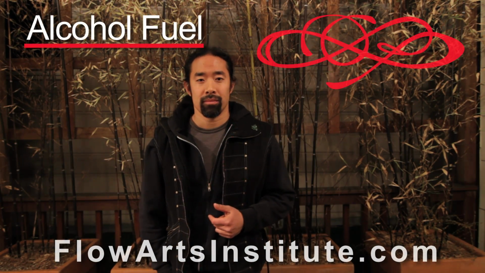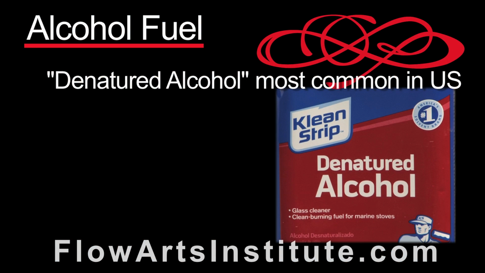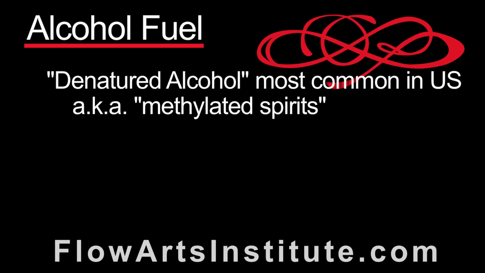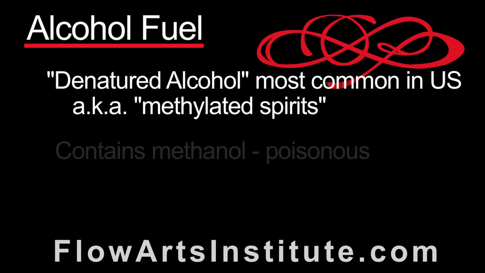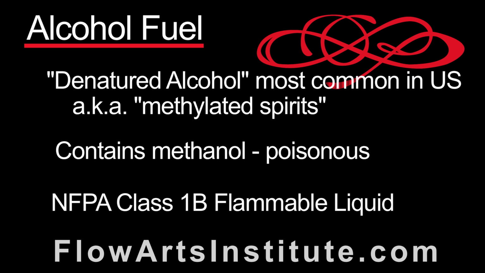Let's switch over to talking about alcohol fuel. In the United States, the most common alcohol-based fuel is denatured alcohol, otherwise known as methylated spirits. It generally contains a bit of methanol as well, which is a poisonous form of alcohol if ingested. This solvent is a National Fire Protection Agency Class 1B flammable liquid.